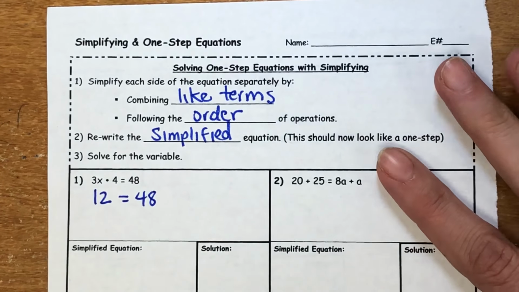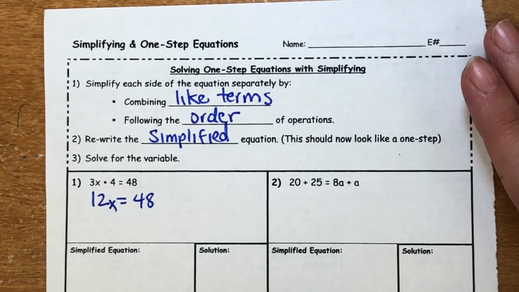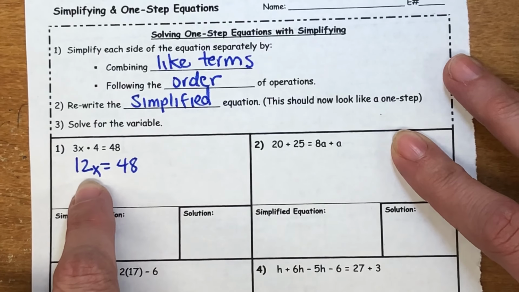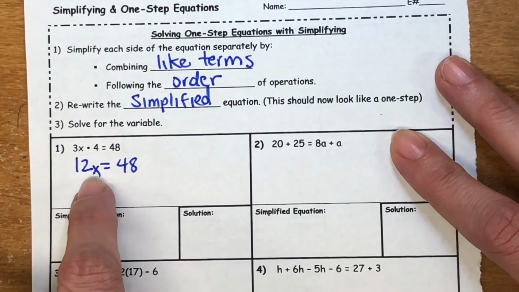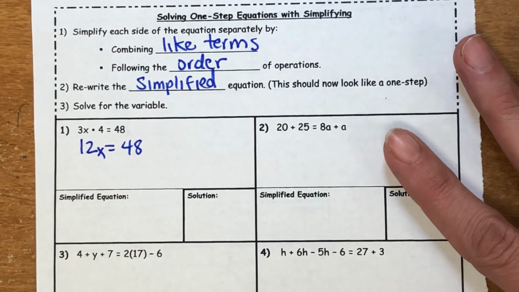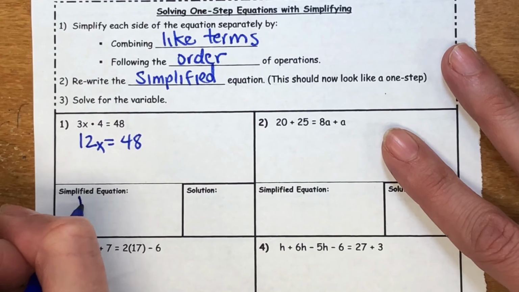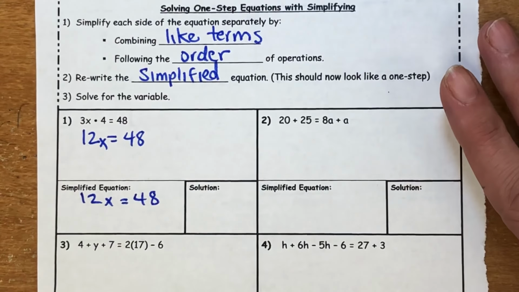That's my simplified equation, 12x equals 48. This does look like a one-step equation because all I'm doing is multiplying 12 times the variable. So I'm going to rewrite my simplified equation, 12x equals 48, and then I'm just going to solve.